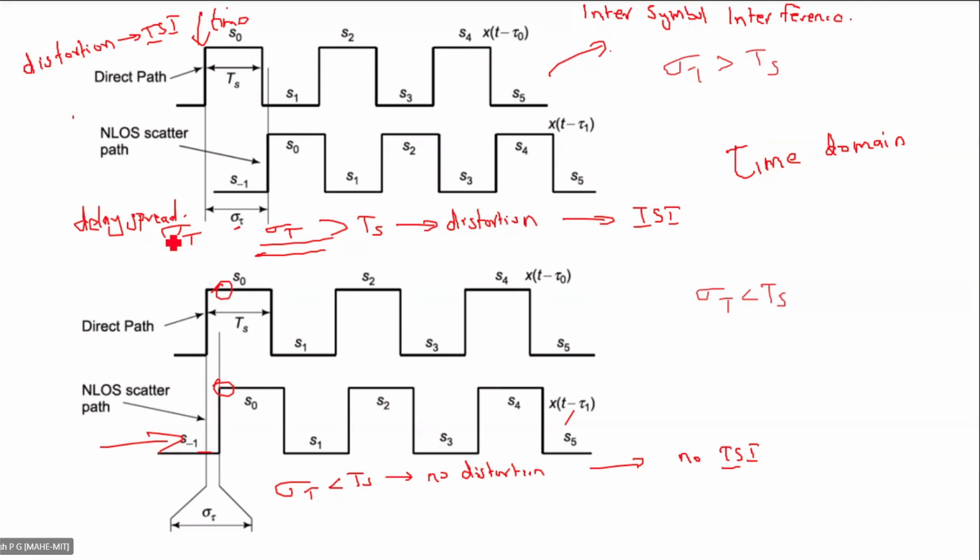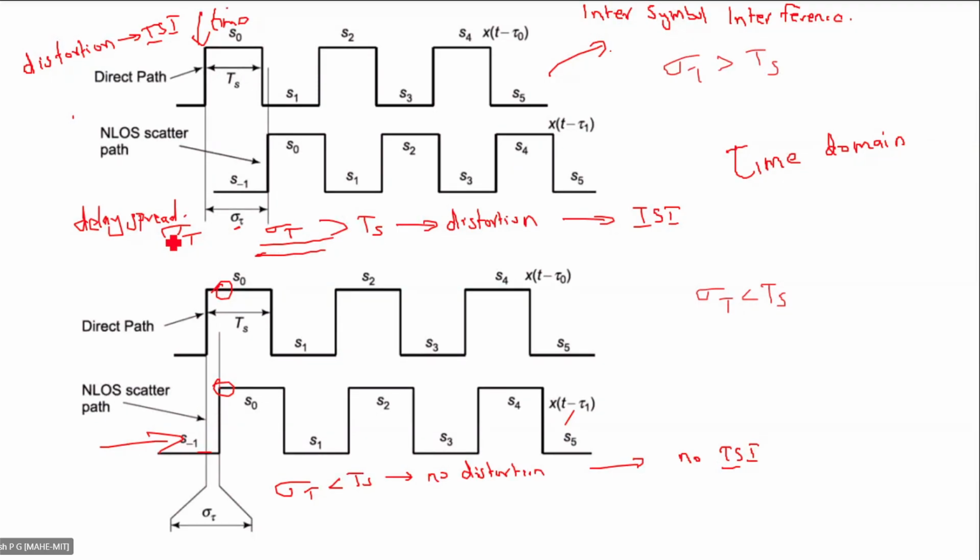if the receiver is trying to retrieve S1, by the time the receiver is trying to retrieve S1, the signal being received from the NLOS path is S0. It is not S1. So there is some kind of distortion.